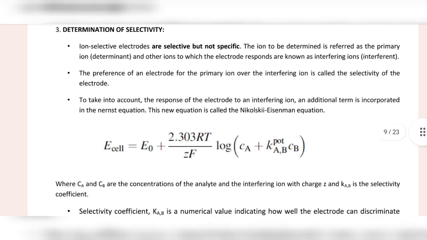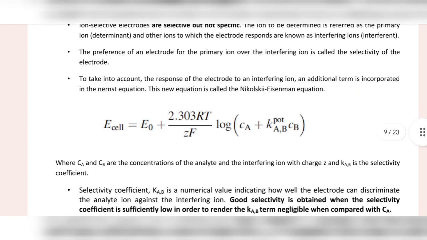In order to take into account the response of the electrode to an interfering ion, an additional term is incorporated in the Nernst equation. So the Nernst equation takes another form called the Nikolsky-Eisenman equation. That equation is E cell equals E0 plus 2.303 RT divided by nF log [Ca + Kab Cb].